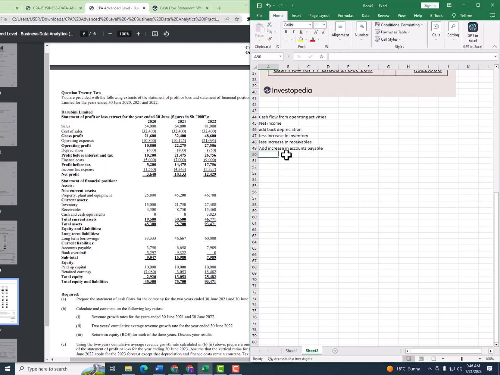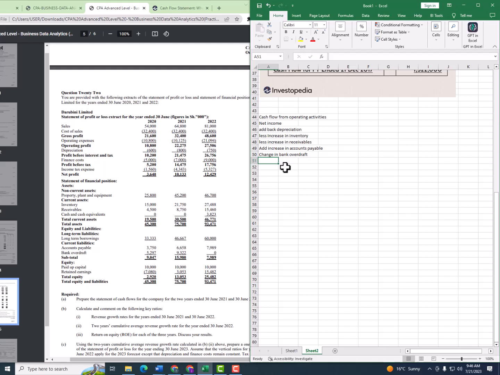And then we also have bank overdraft. Bank overdraft, if we look here, increased and then decreased. So we just say change in bank overdraft. And then now that's all for that.